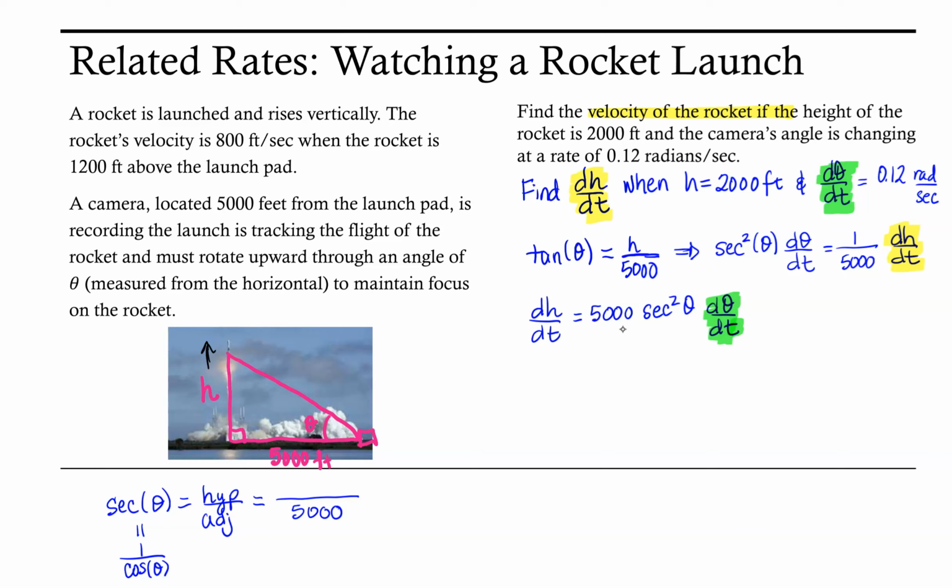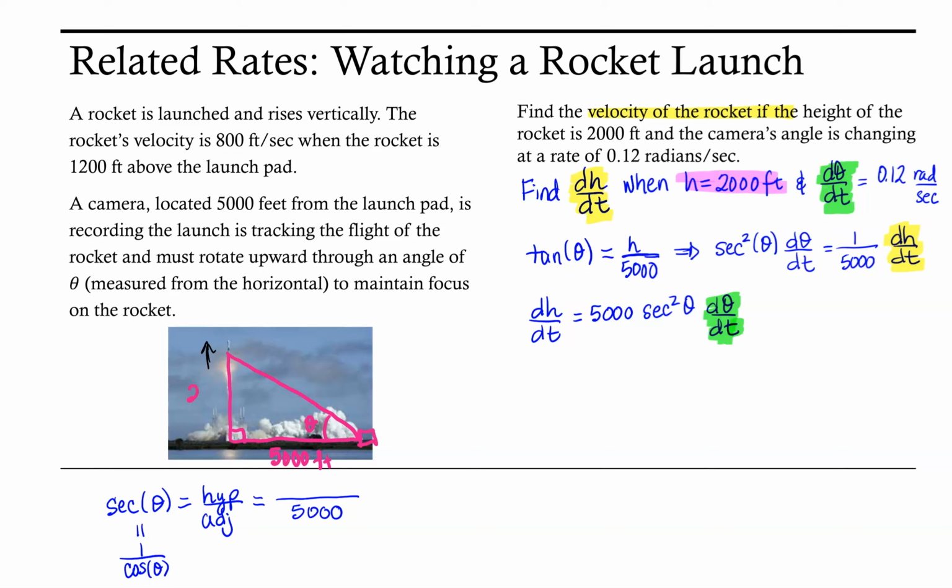However, we need to find the hypotenuse, and while that is not given to me, we do have sufficient information to determine that. Notice we were told that the height of the rocket we're interested in is 2,000 feet. So I'm going to update my diagram to represent the fact that now we are interested in a specific snapshot in time.